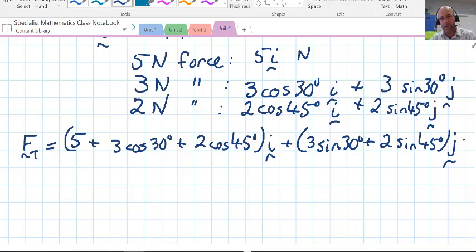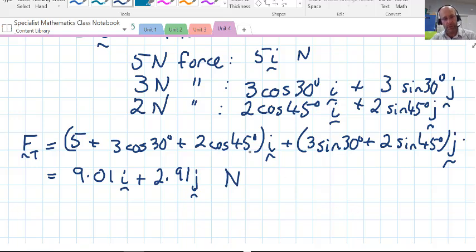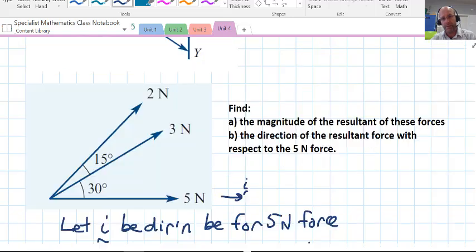And you'll find on this one, instead of trying to muck around with exact values, I've used decimal approximations, taken to 2 decimal places. So that's our total force. Okay, so that's part A. Now this total force has a magnitude and a direction, and we've got to find the magnitude for part A, and we've got to use the direction in part B. In part B we've got to find the direction of the resultant force with regard to the 5 Newton force.